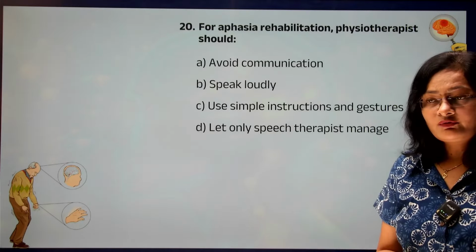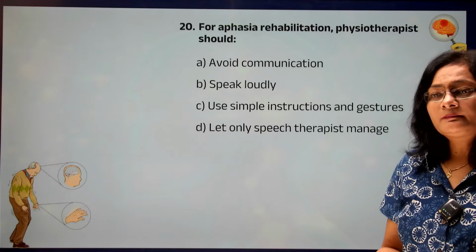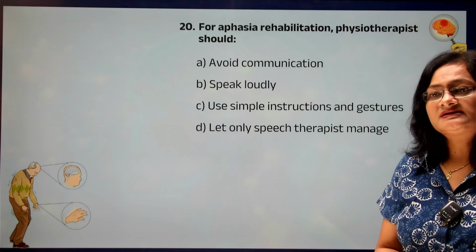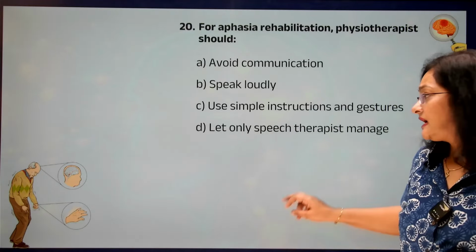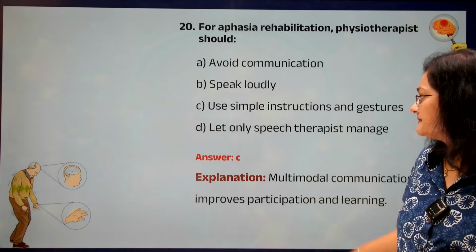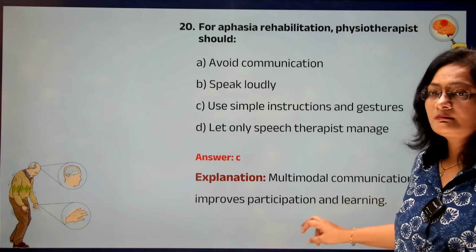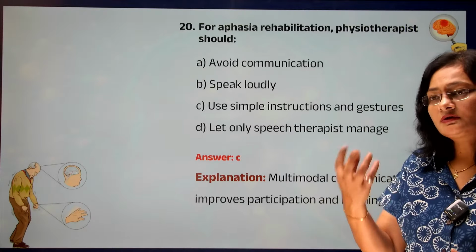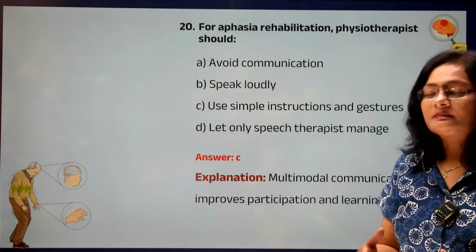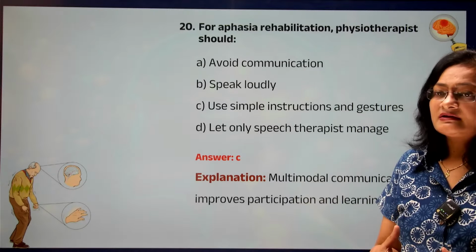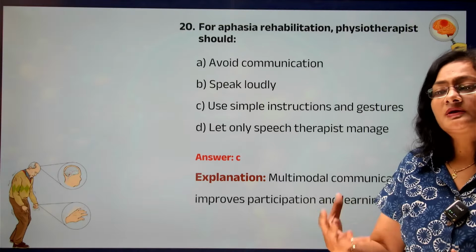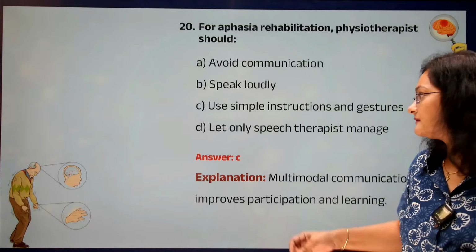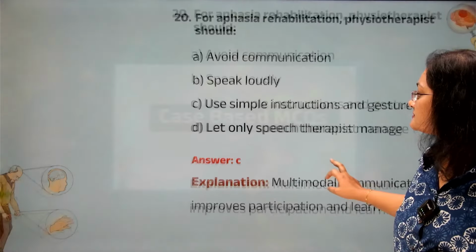And the role of physiotherapy is equally important in managing aphasia. So our answer will be option C, multimodal communication. What is multimodal communication? We are not using just verbal commands, but we are using facial expression or gestures to communicate with the patient. So that can be used.